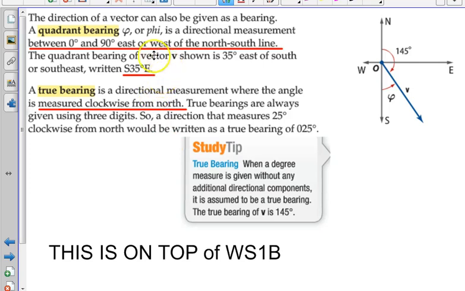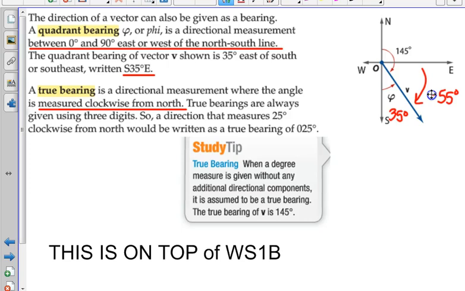Quadrant bearings, it says, are between 90 and 0, east or west of the north-south line. So they're always measured off the north-south line. So this says, basically, starting at south, go 35 degrees towards the east. So it would be a 35-degree angle in here, which then we could name this as a negative, what would that be, guys, 55?